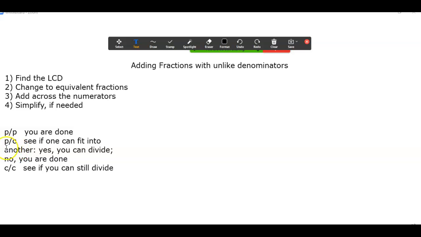So for instance, like 3/9. 3 would be prime, 9 would be composite. If they can fit into another, then yes, you can divide. So the 3 can go into the 9, so you can still divide. If they can't fit into each other, then they're done. You don't simplify anymore. And if you do have a composite numerator and a composite denominator, you still have to see if you can still divide. Okay, so I'm going to pause for just a minute for you to write down these steps.